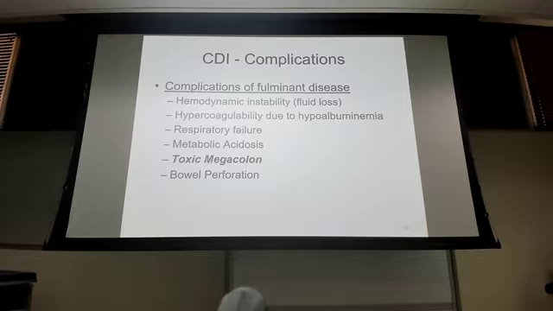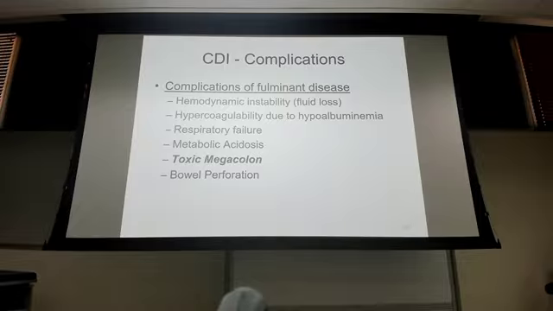So the complications, we already mentioned, complications of fulminant disease. You start getting hemodynamic instability, and then you can get some hypercoagulability because we're starting to lose our protein. So we get hypoalbuminemia, which would cause hypercoagulability. It can lead to respiratory failure, multi-system failure, metabolic acidosis, toxic megacolon, and then bowel perf and sepsis.